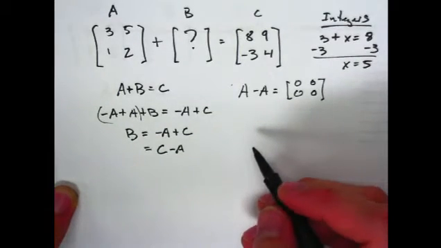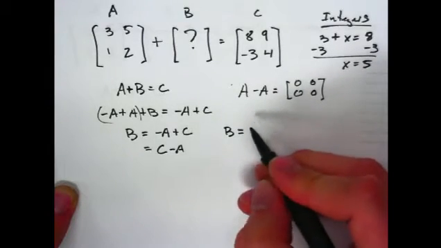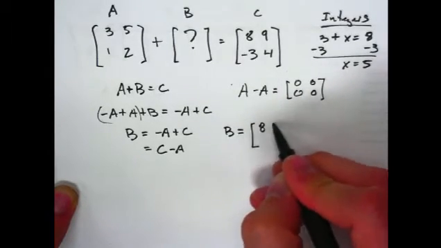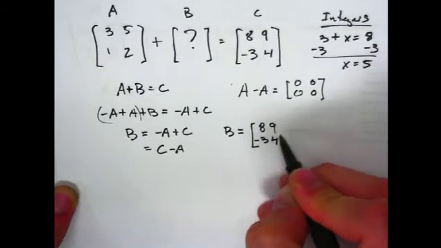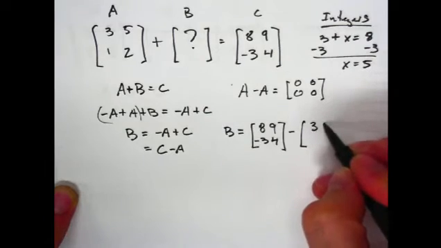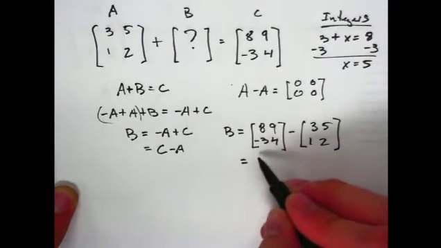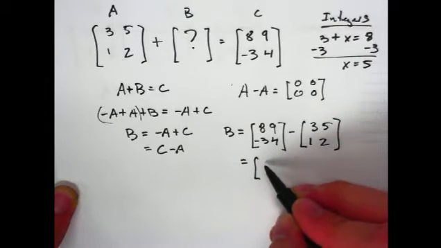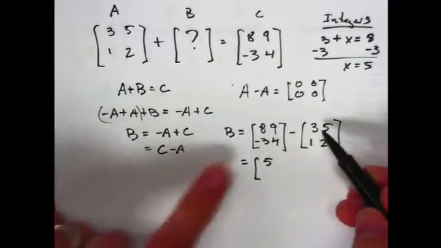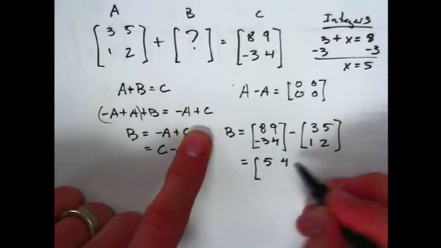That would look like B is equal to matrix C, which is 8, 9, negative 3, and 4, minus matrix A, which is 3, 5, 1, and 2. So that would be equal to 5. 8 minus 3 is 5. 9 minus 5 is 4.